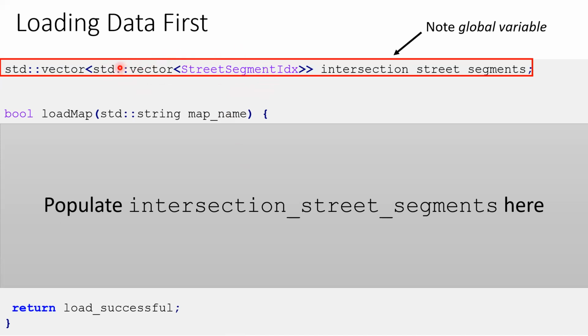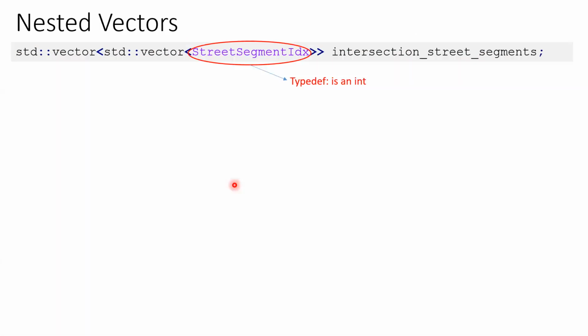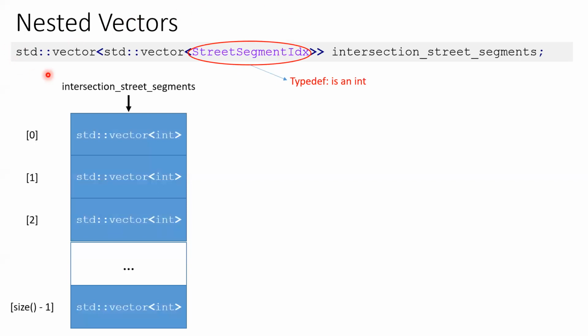And because we are returning a vector of 3 segment IDs, the global variable will be a vector of vectors. And let's create this vector and go into load map and populate this global variable. What this global variable will look like in memory is a vector of vectors of integers, and each vector will contain integers.